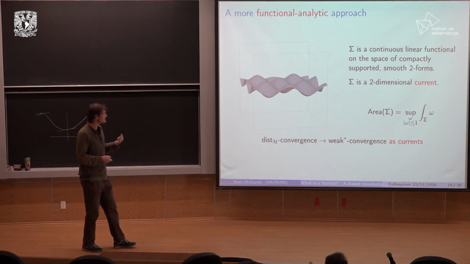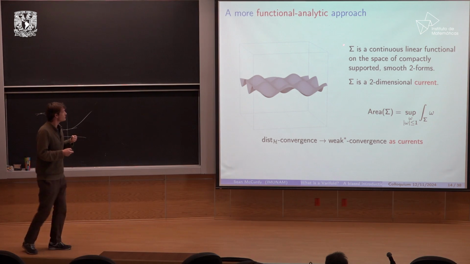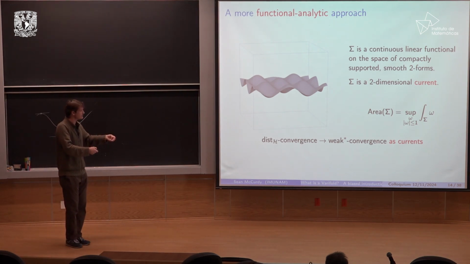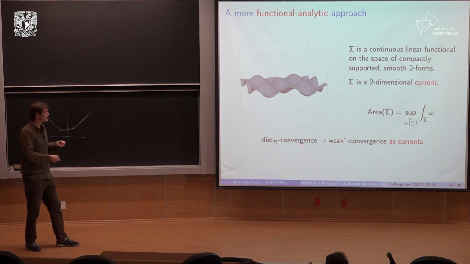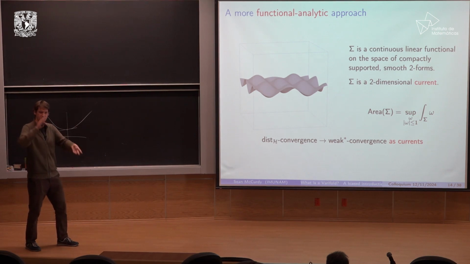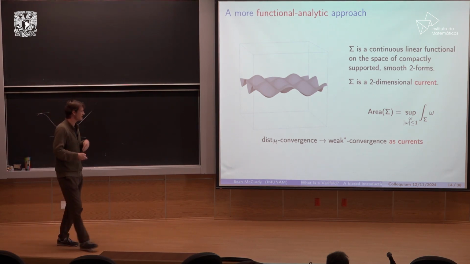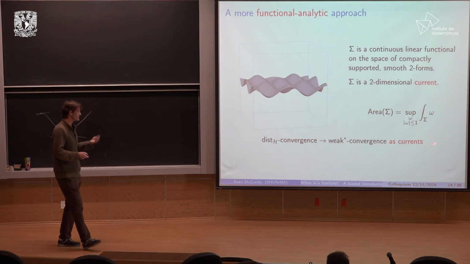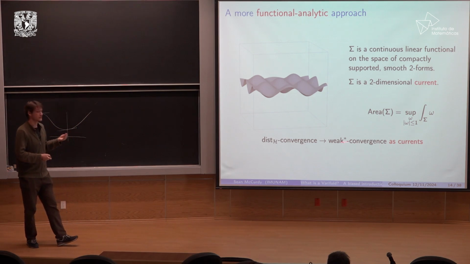And if we look at it this way, viewing these surfaces as elements of a dual space, then we should really give up convergence in this Hausdorff metric, this very geometric set theoretic convergence, and maybe we should think of convergence as currents, which is to say convergence as elements in a dual space, which is to say weak star convergence.